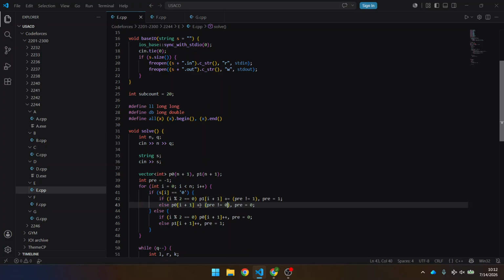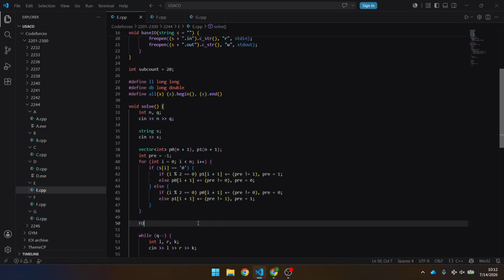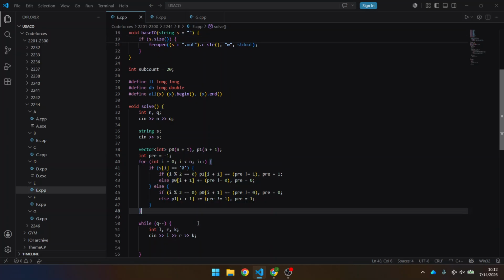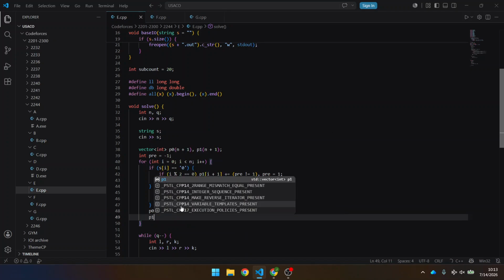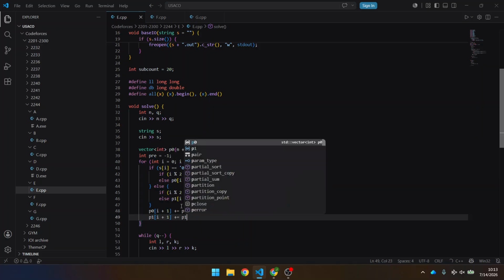Plus equal to pre is not equal to 0. Plus equal to pre is not equal to 0. Plus equal to pre is not equal to 1. And now we can calculate, so p0 i plus 1 plus equal to p0 i and p1 i plus 1 plus equal to p1.